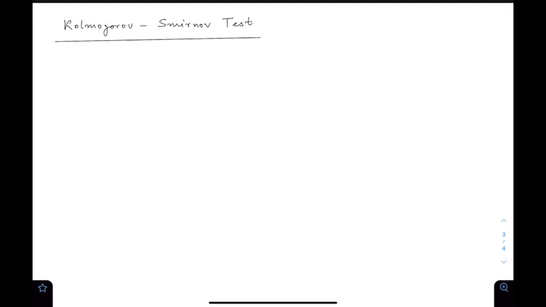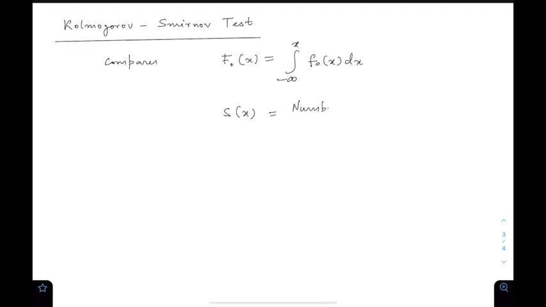So the Kolmogorov-Smirnov test compares the distribution function F0(x), which is given as an integral from minus infinity to x of f0(x) dx, with the corresponding experimental quantity S(x), which is the number of observations with xi less than x divided by the total number of observations.